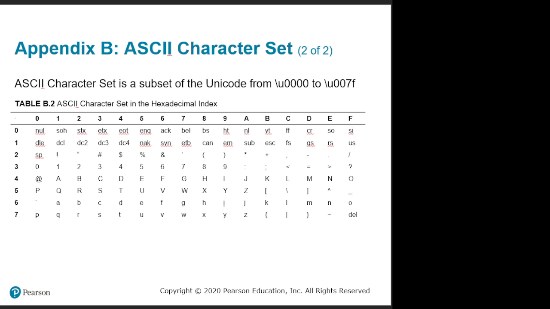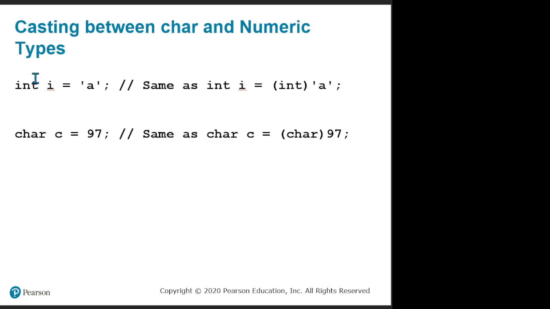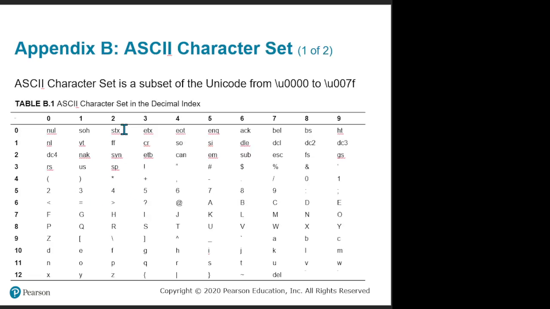Now, characters themselves can be cast. Integer i equals 'A' will cast the same as giving the character code for A, which was, if we go back to our ASCII table here, lowercase a was at 97.